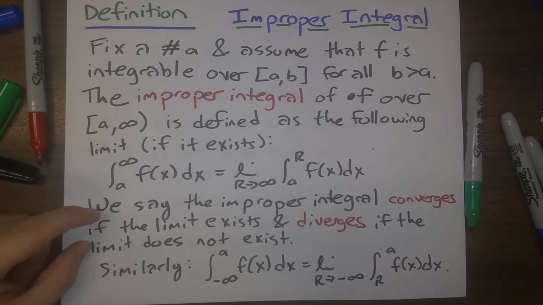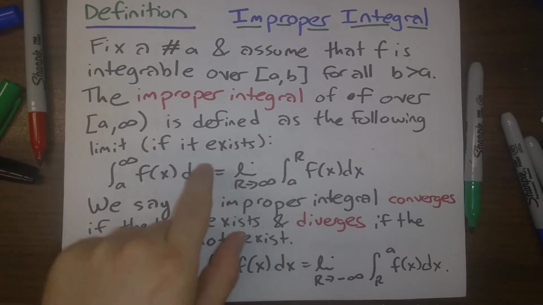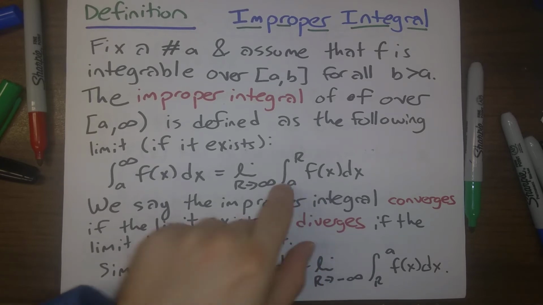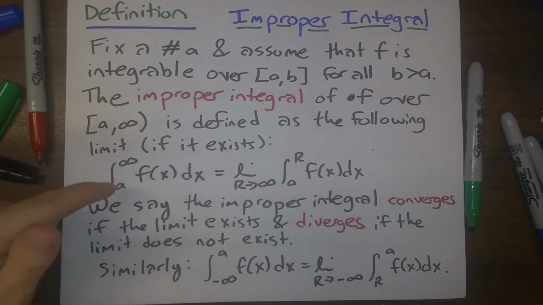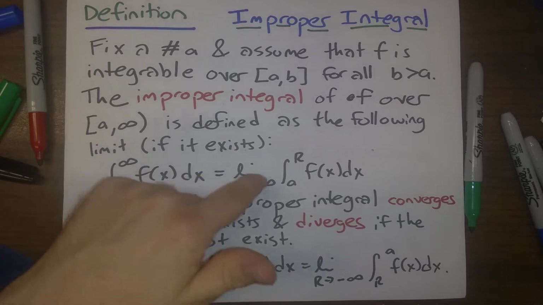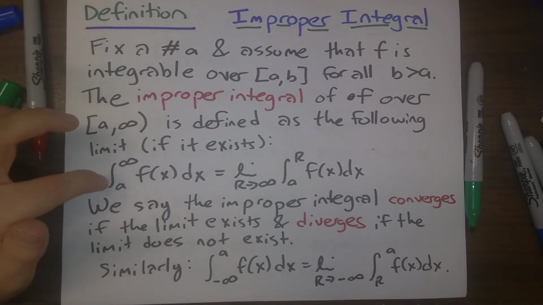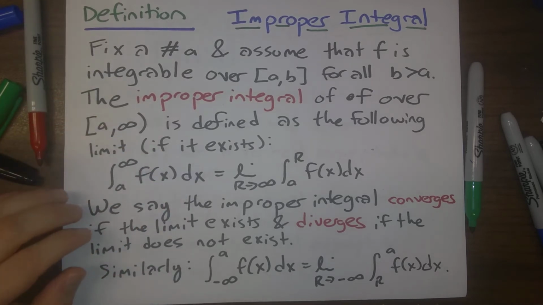And so we'll use the same terminology here. We'll say that this improper integral converges if this limit exists, and we'll say that the improper integral diverges if this limit does not exist. So this is a definition for the improper integral from a to infinity of f of x dx.